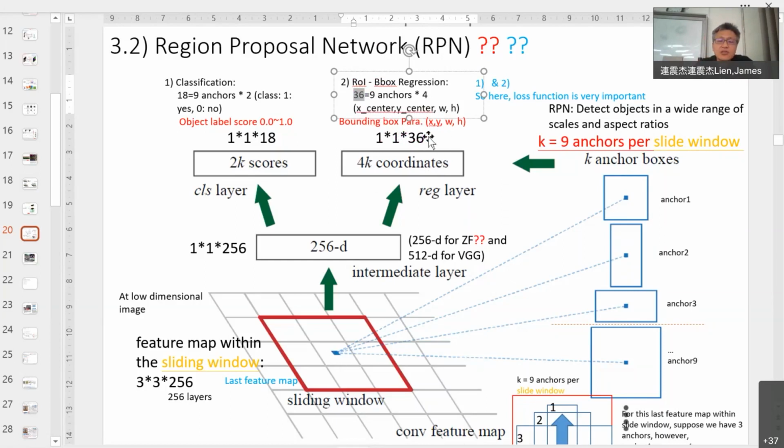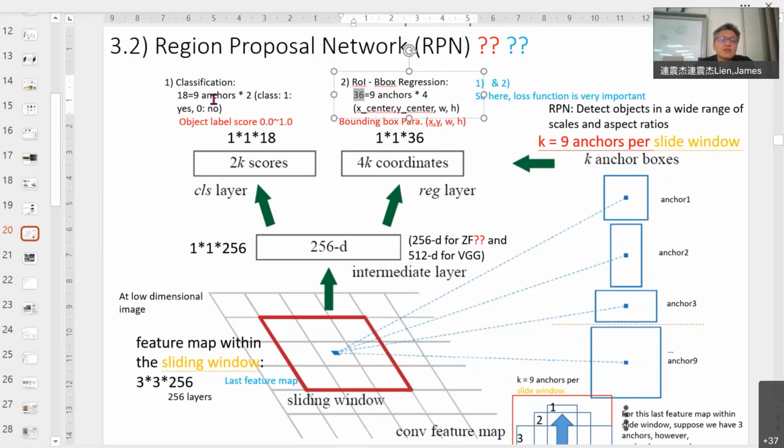每个 grid 有36个不同的参数。What's K? K is the number of anchors. What's 4? 4 is X, Y, W, H. So the total parameters for each grid is 4 times K, where K is 9, so 4 times 9 is 36.